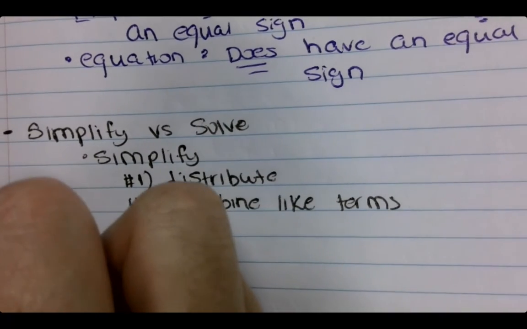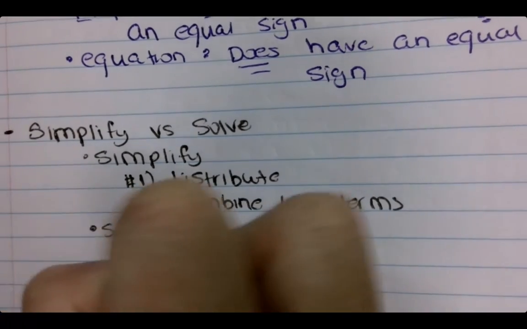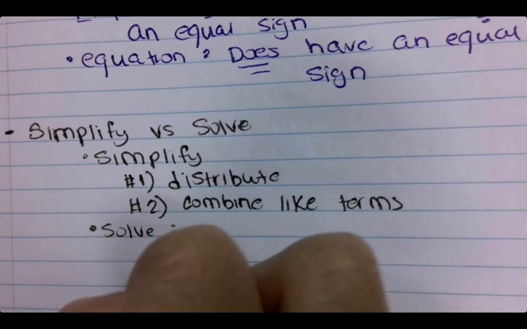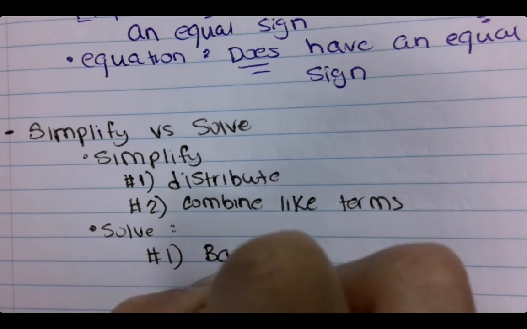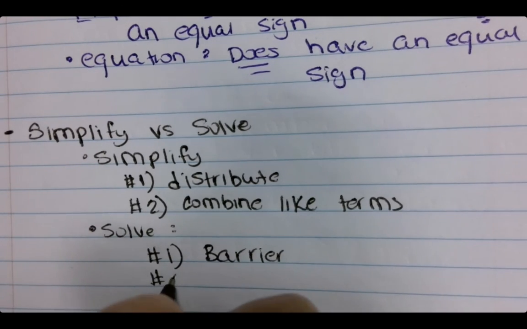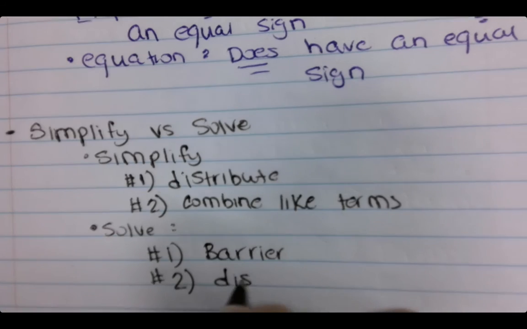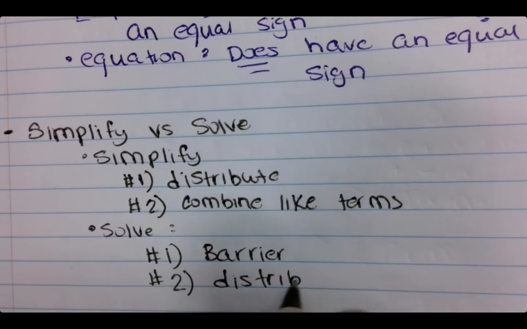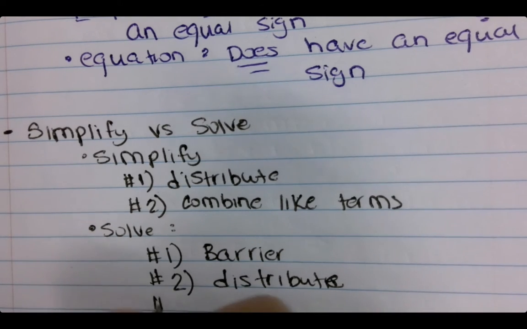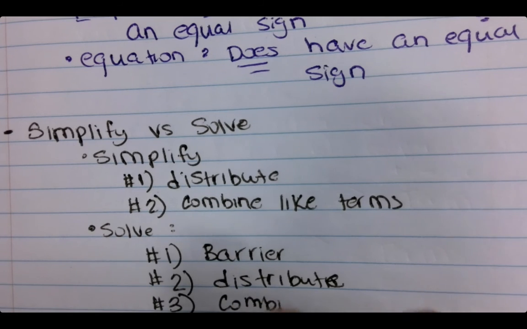When we solve, we are going to, number 1, draw our barrier, which is just a line through the equal sign. Number 2 is going to be distribute. Number 3, combine like terms.